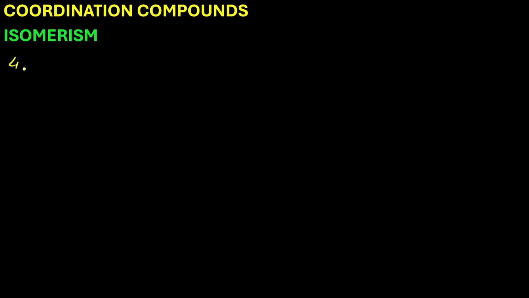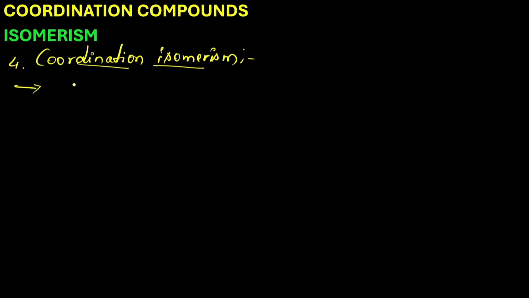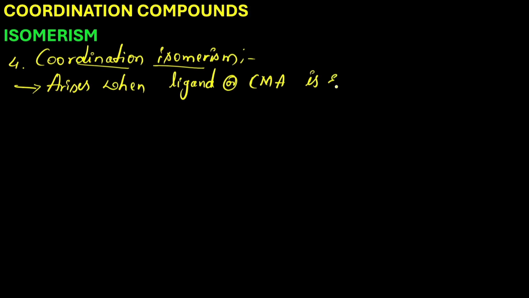Next, we will move on to coordination isomerism. This coordination isomerism arises when ligands or the central metal atom are exchanged. We will take an example.